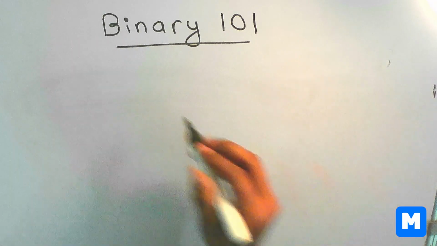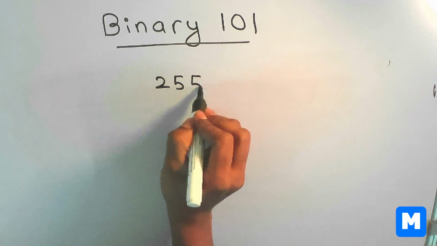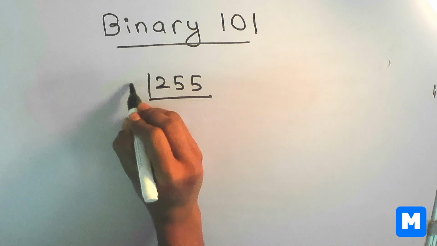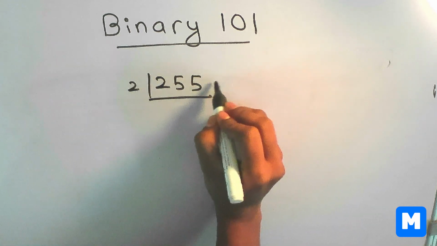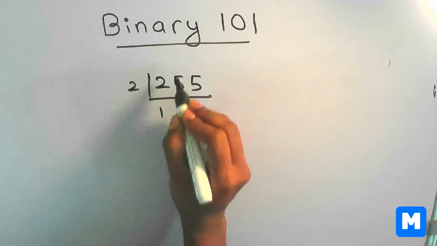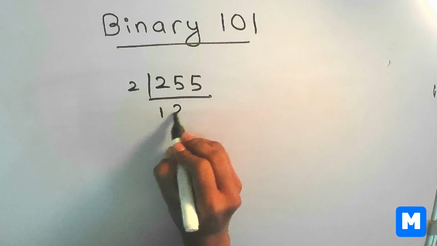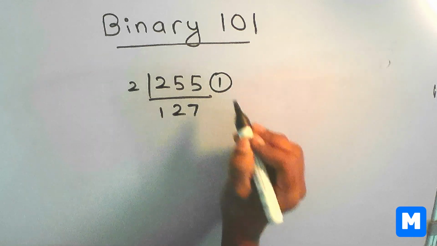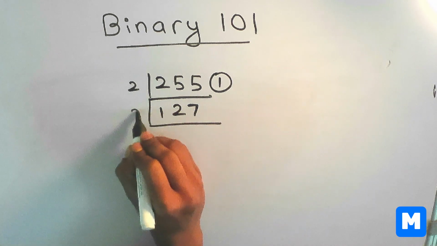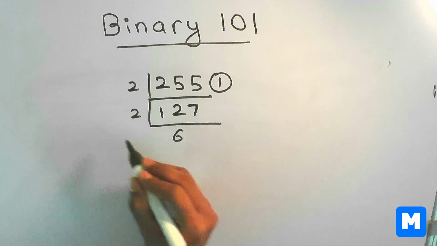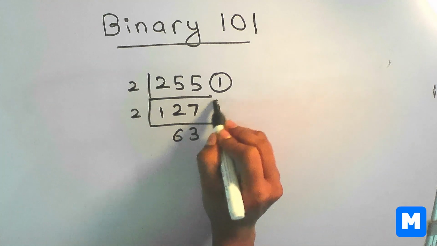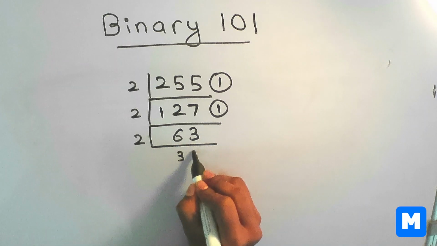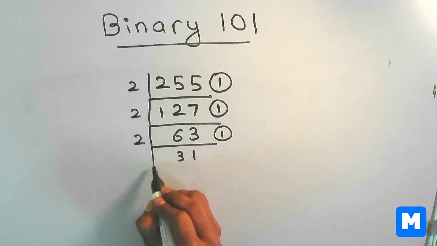So let's take the number 255. Let's write it over here, 255, and we have to continuously divide it by 2 while keeping the remainder noted. So divide by 2, we get 127, remainder 1, so we note it over here. Similarly, do the same. 63, remainder noted as 1.